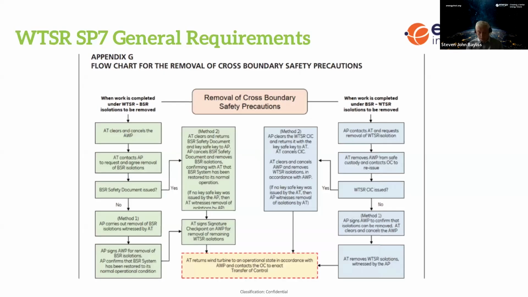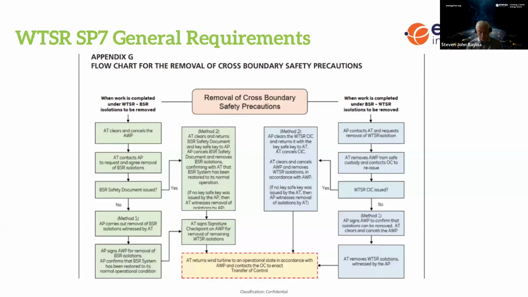AP signs the AWP to confirm that isolations can be removed. The AT clears and cancels the AWP, and the AT removes WTSR isolations witnessed by the AP. So that would be the method 1 route.